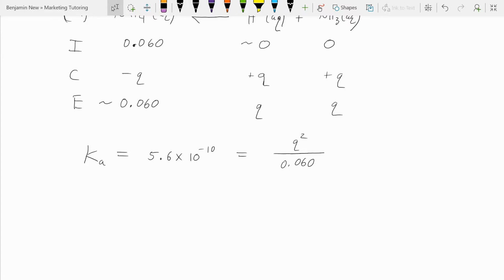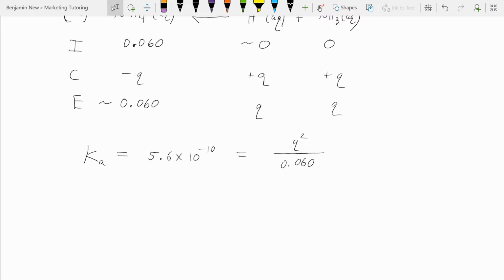Now at this point we just solve for Q, so we multiply both sides by 0.060 times 5.6 times 10 to the negative 10, and then we take the square root to solve the quadratic.